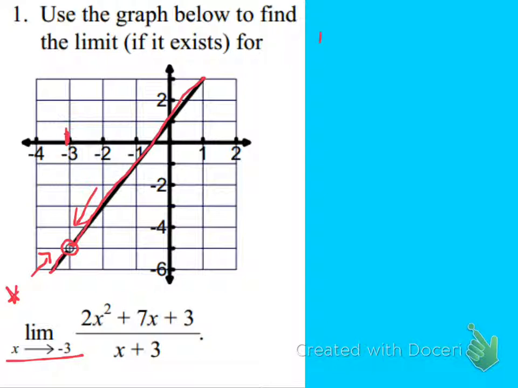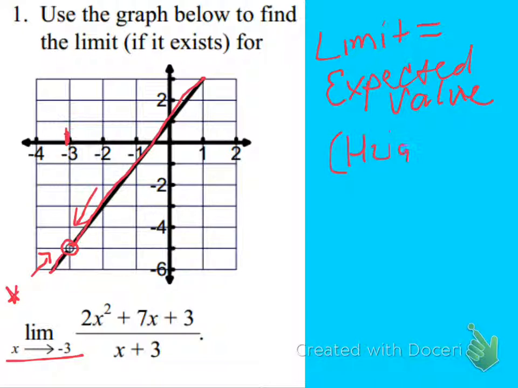A limit simply is my expected value, or you can even say expected height of the graph. So what is the expected height of the graph at x equals -3? That expected height is -5. So just from looking at the graph, I can tell you that the answer to this is -5.